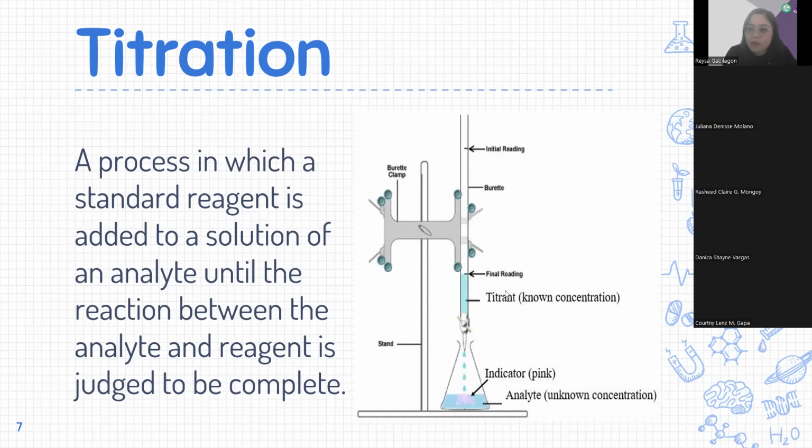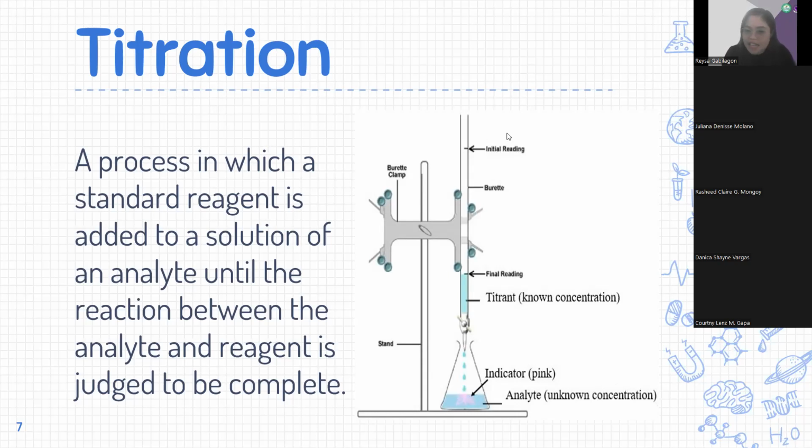So the titrant most of the time is the solution with known concentration. And then the analyte most of the time, it's not all of the time, it's most of the time, it's placed in the Erlenmeyer flask together with the indicator. So before, class, you are going to do the titration, you have to read first the initial reading.